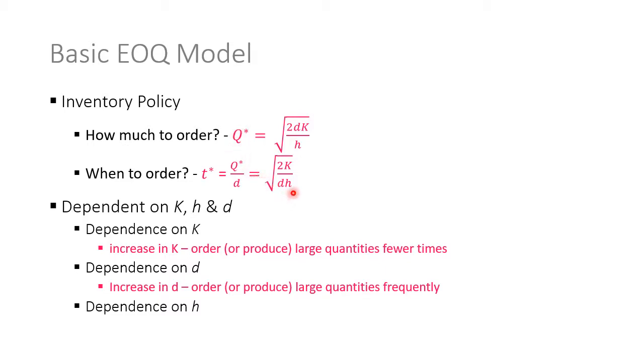When you increase the holding cost, it will be better to order more frequently, resulting in less inventory because of ordering smaller quantities. So in short, increase in H signifies order small quantities frequently, which will reduce the holding cost component of the total cost. So this is the intuition about the basic EOQ model.